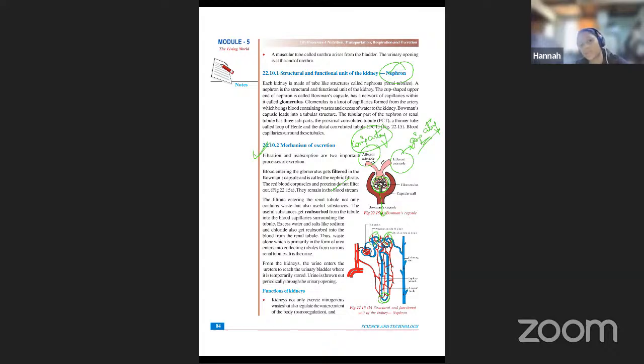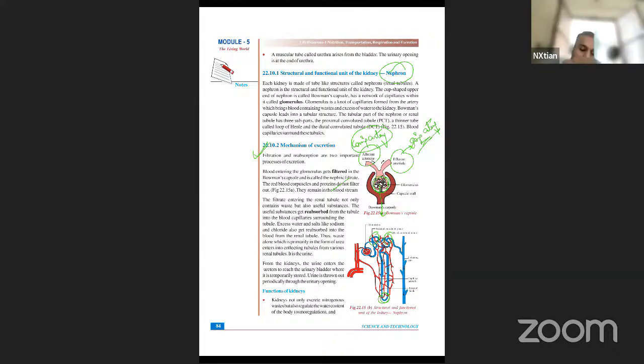The useful substances get reabsorbed from the tubule into the blood capillaries surrounding the tubule. Excess water and salts like sodium and chloride also get reabsorbed into the blood from the renal tubule. Thus, waste alone, which is primarily in the form of urea, enters the collecting tubules. It is the urine. From the kidneys, the urine enters the ureters to reach the urinary bladder where it is temporarily stored. Urine is thrown out periodically through the urinary opening.